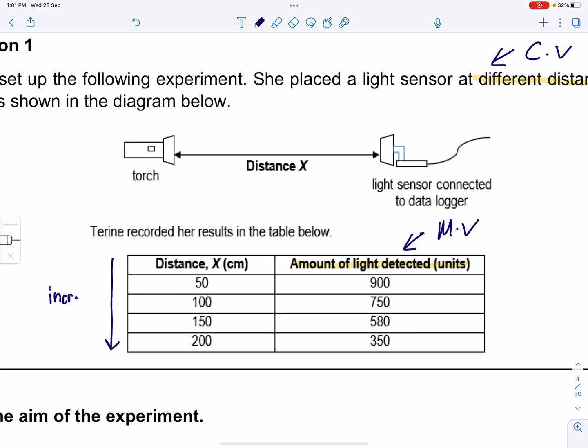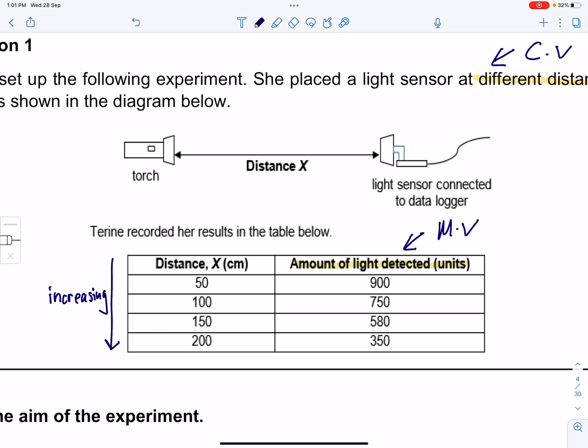You will need to write the word increasing. Okay, I will show you why. Even though it's a downward arrow, this downward arrow does not denote decreasing. It tells you the direction of the trend. This, on the other hand, tells you, is it increasing or decreasing?